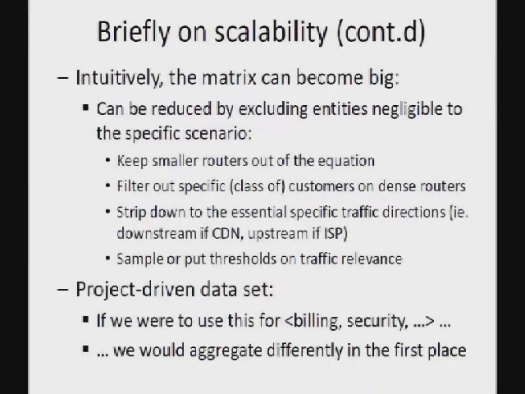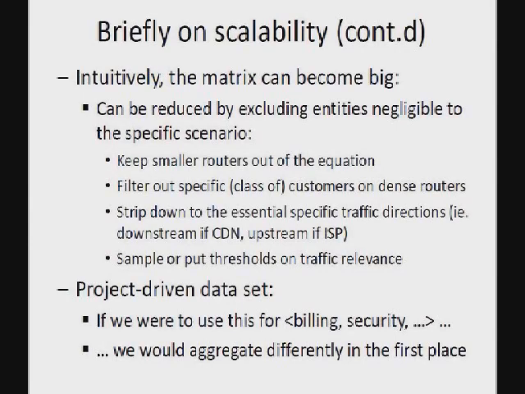Intuitively, the matrix can become quite big, and of course, some data reduction techniques can be used for this purpose. You can keep smaller routers out of the equation, or specific POPs, because they are negligible to the traffic matrix. Essentially, the whole purpose is stripping out negligible entities to reduce dispersion while still keeping a very good overall picture.